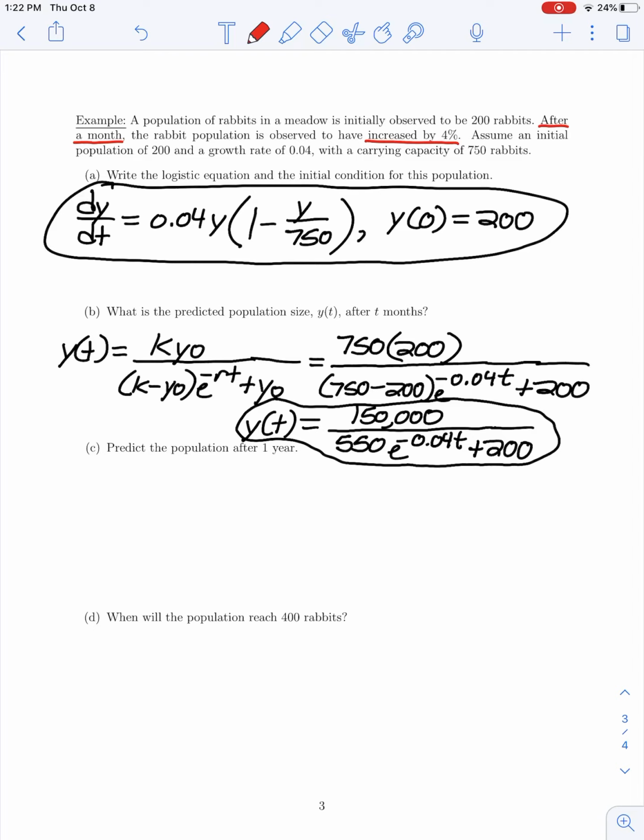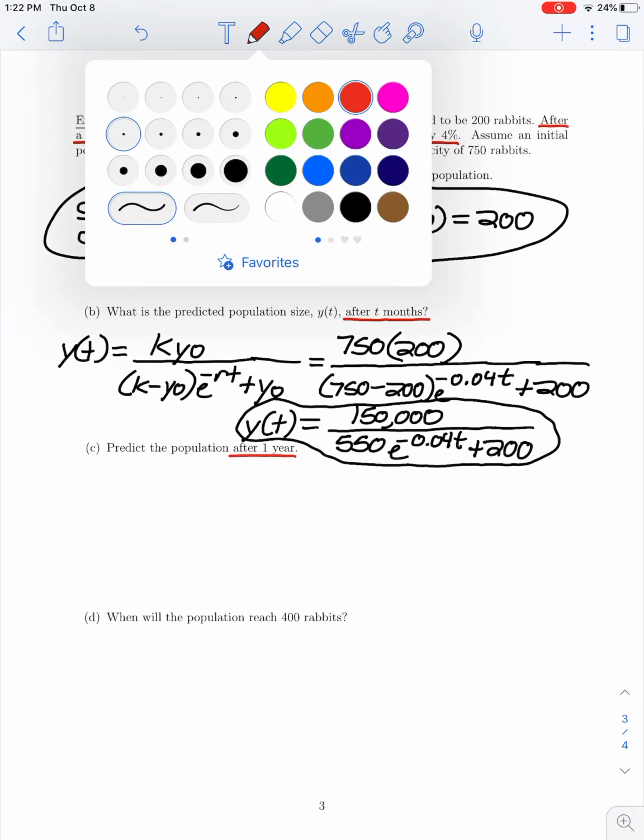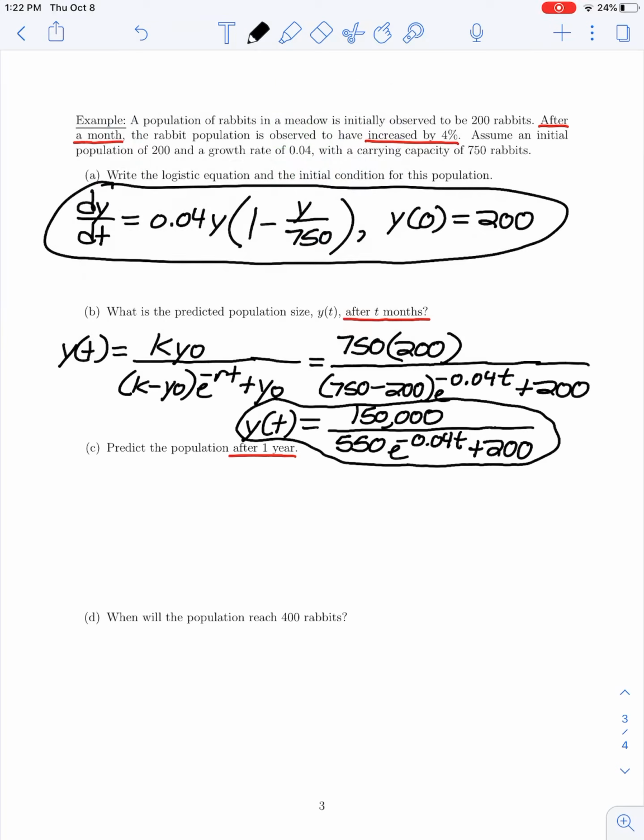So our growth rate, r, is 4% per month. And so in part B, the expression that we found for the population size is the number of rabbits after t months. So if we're interested in the population after 1 year, we're going to evaluate our function at t equals 12, since 1 year is 12 months.